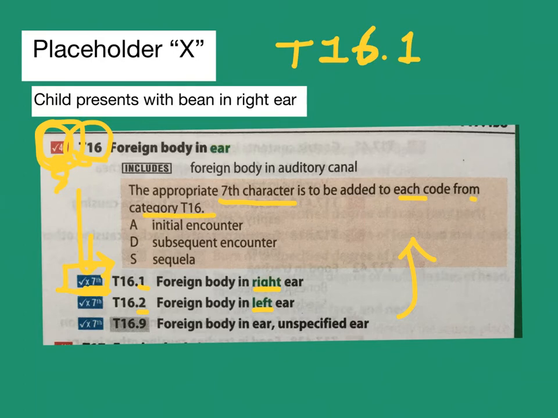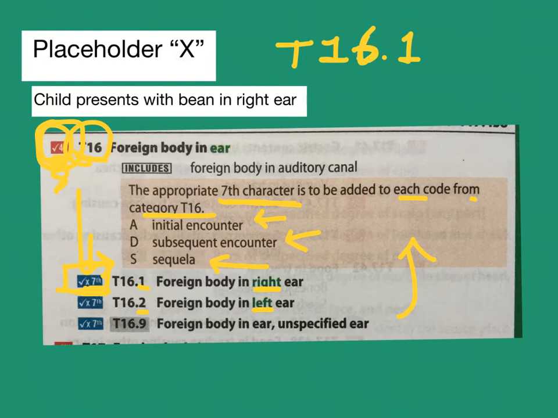Remember, the first 3 characters of a code are considered the category. So any T16 code needs to have that 7th character added. And within this box, we have A as a 7th character for initial encounter, D for subsequent encounter, and S for sequela or late effect.